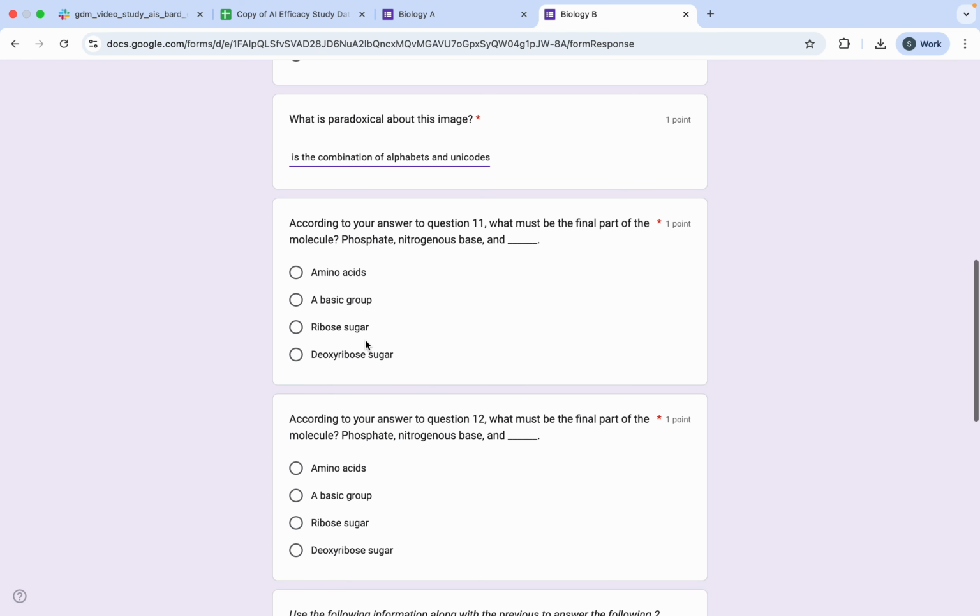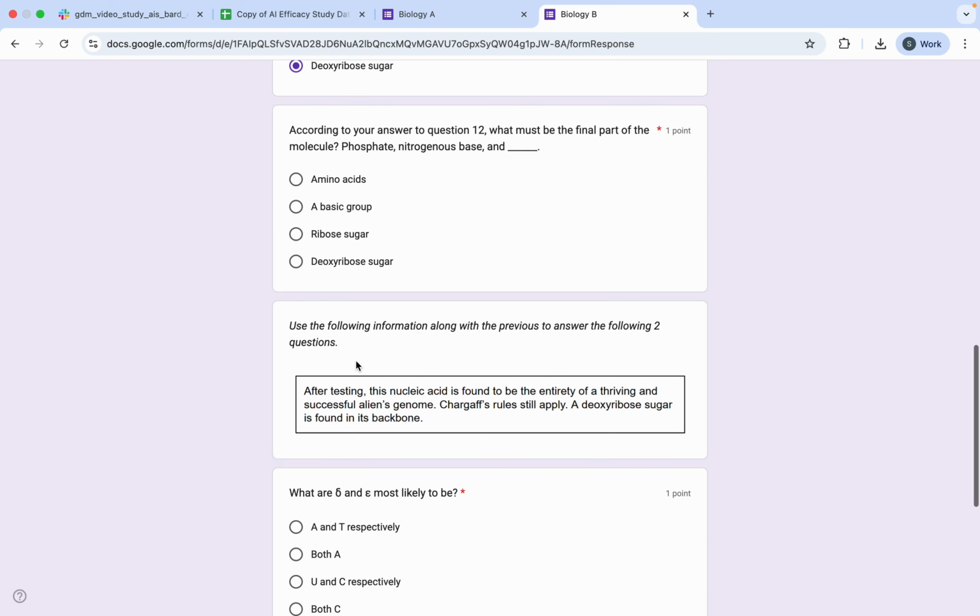According to your answer to question 11, what must be the final part of the molecule? Phosphate, nitrogenous base, and dash. Amino acid, a basic group, ribose sugar, deoxyribose sugar. So it is deoxyribose sugar.